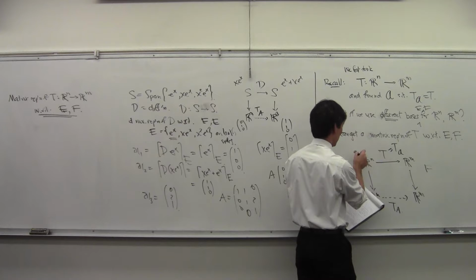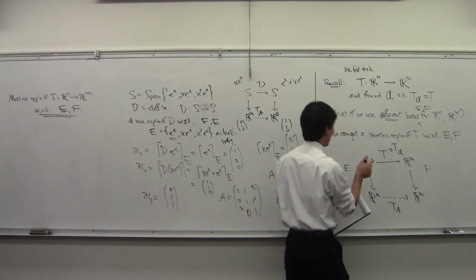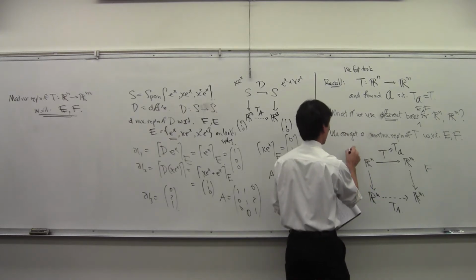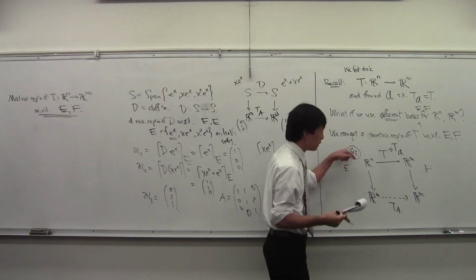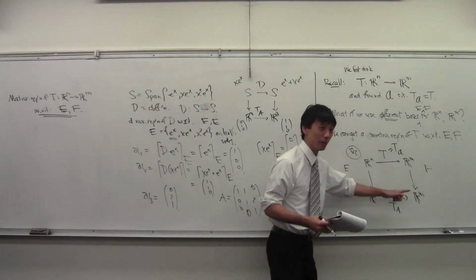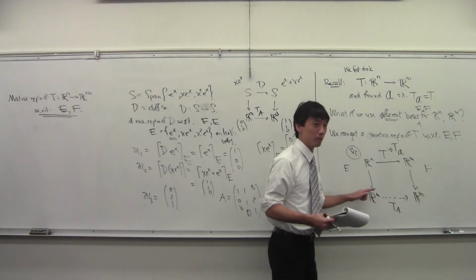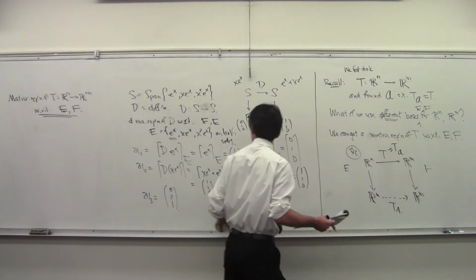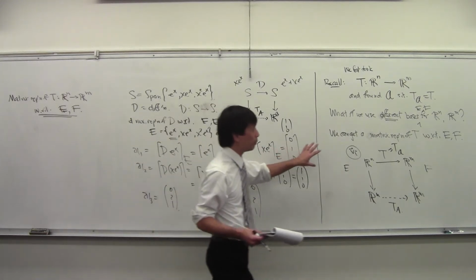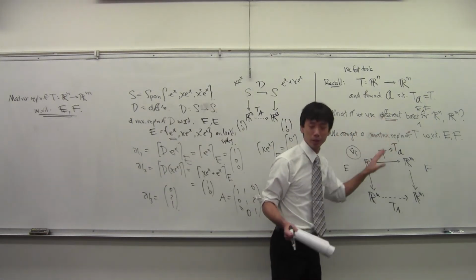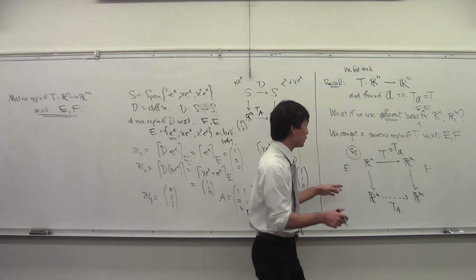You take this new basis and then use its coordinate vector. So you do exactly the same thing we just did, but with bases for Rn and Rm. We're not actually doing anything unusual.